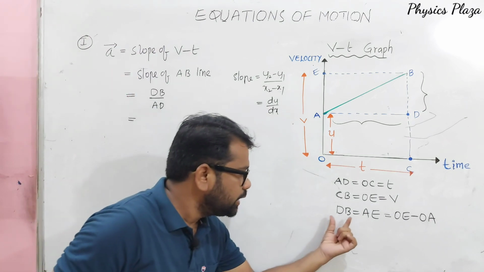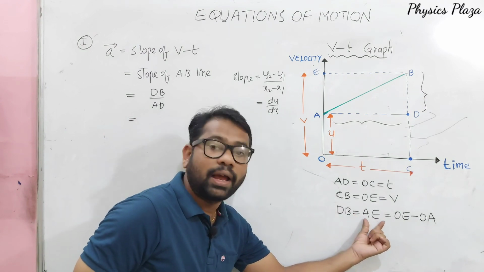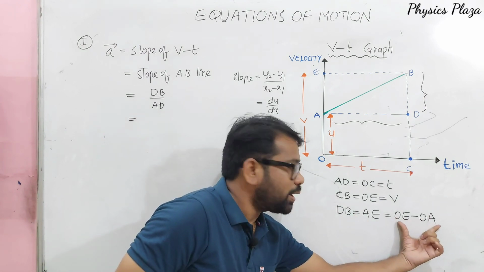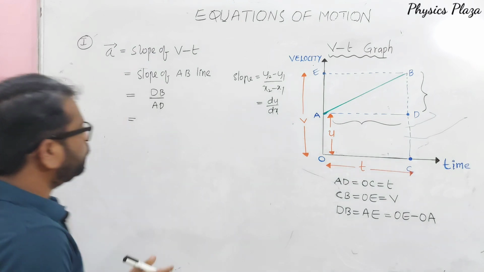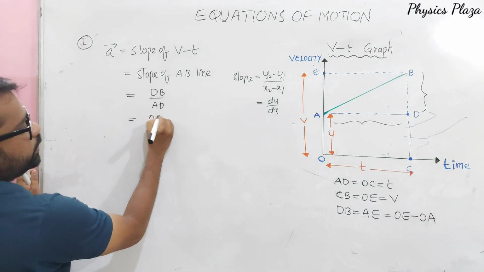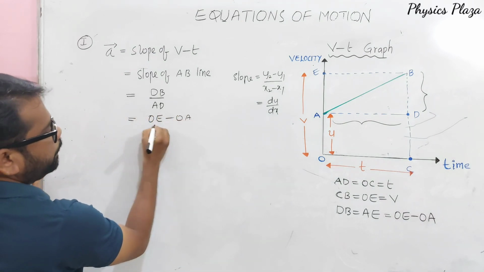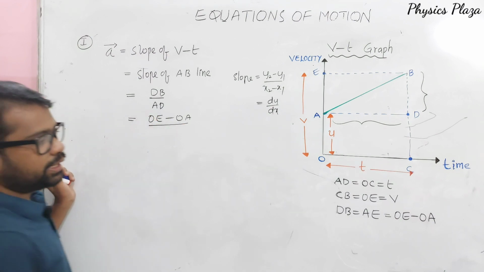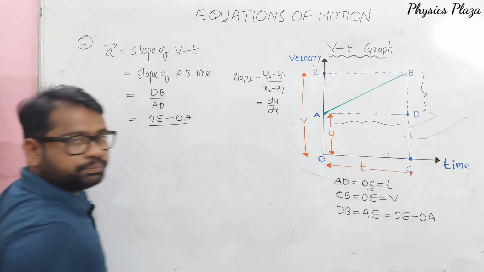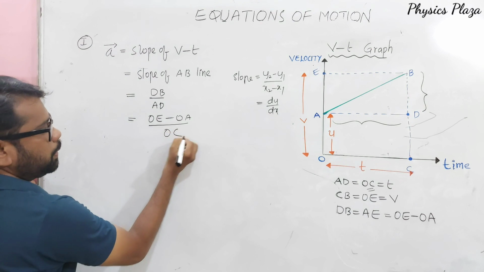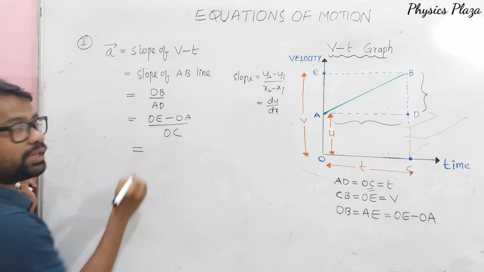Here we already wrote dB is equal to AE, and it can be written as OE minus OA, by AD. AD can be written as OC.